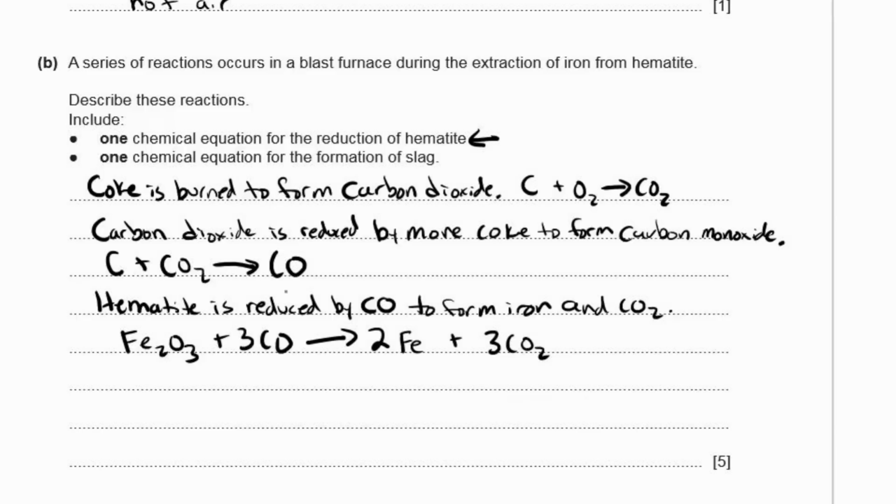If you're unsure, just double check a few things. There are 3 carbons on this side, 3 carbons on this side, 2 irons over here, 2 irons over here. We have 3 plus 3 oxygens, so that's 6 oxygens, and 3 times 2 is 6 oxygens. Good. So that is the reduction of hematite that they want to see.